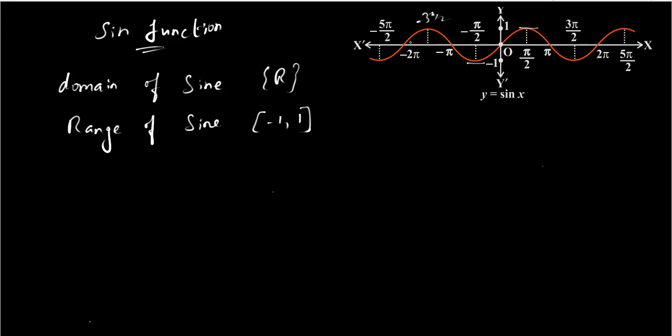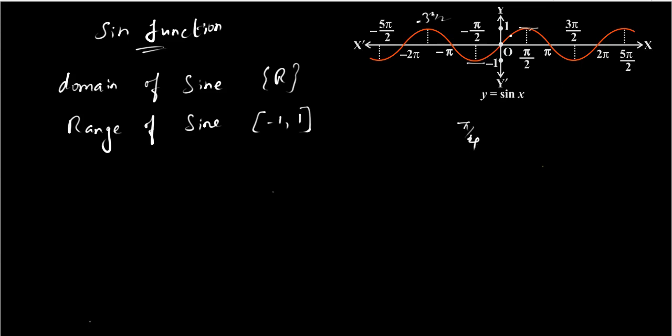Now if we take the sine function, for example, a point between 0 and pi by 2, we have to divide by 2 to get the middle term. So between 0 and pi by 2 we get pi by 4.